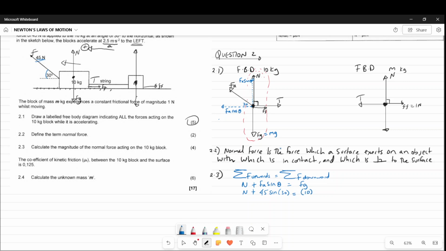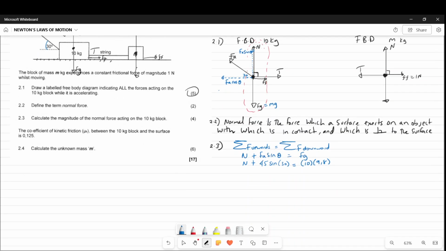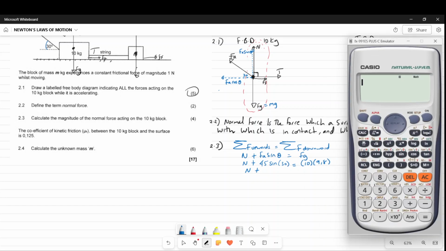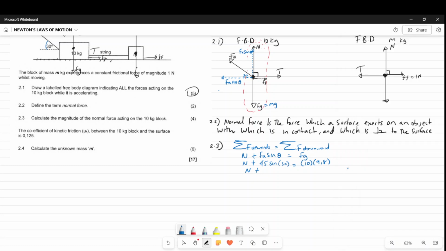So mass is 10, and the acceleration due to gravity is 9.8. So now you're gonna have N plus, now let's take our calculator, 45 sine 30, and that is going to give us 45 over 2, which is 22.5.